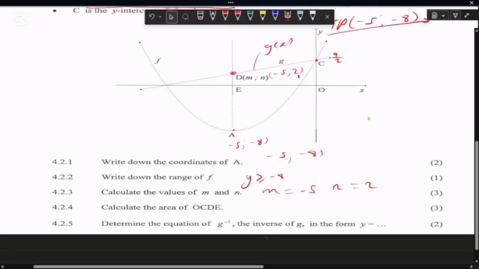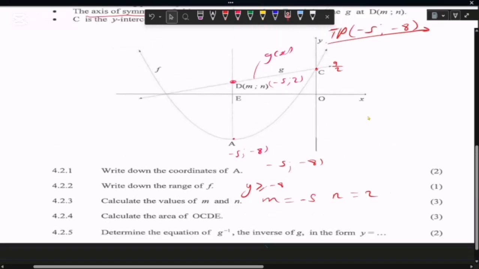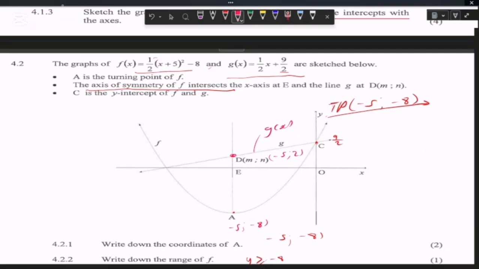And then now let's go to 4.2.3. They're saying calculate the area of OCDE. Okay, let's see what kind of shape this is. Okay, so it's a different color. So OCDE.